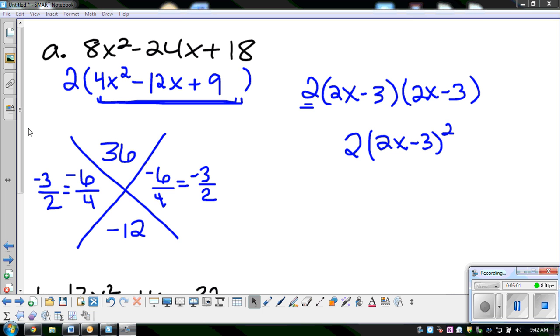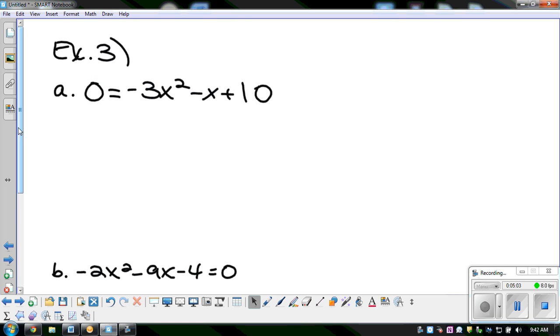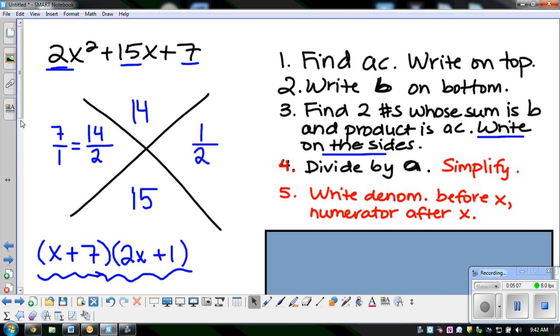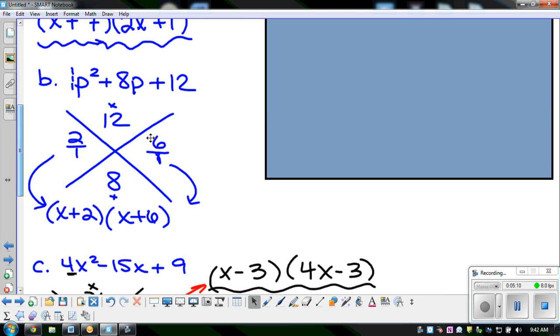One last note about this method, it can also be used for problems with a leading coefficient of 1, such as this example here. Here, when we multiply our leading coefficient of 1 and 12, we just get 12. Our middle term, our b, is 8. So two numbers that multiply to 12 and add to 8 are 2 and 6.